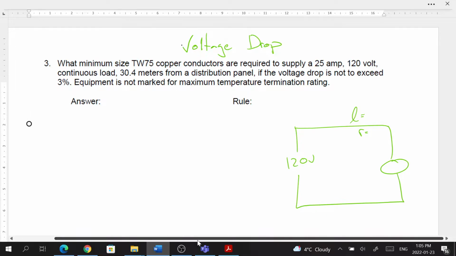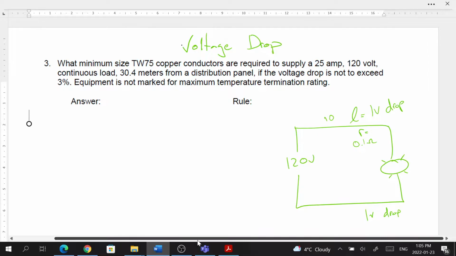And that resistance multiplied by the current going through, let's say there's 10 amps and there's 0.1 ohms of resistance in this particular conductor to the lamp, then that means there's going to be a 1 volt drop on that conductor, and on the conductor coming back to the source.